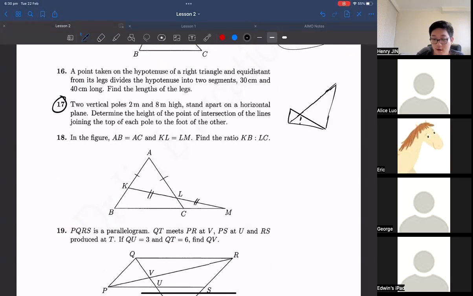Okay, so the first thing we have to do is find a construction. So can anybody recommend a good construction that we can use?